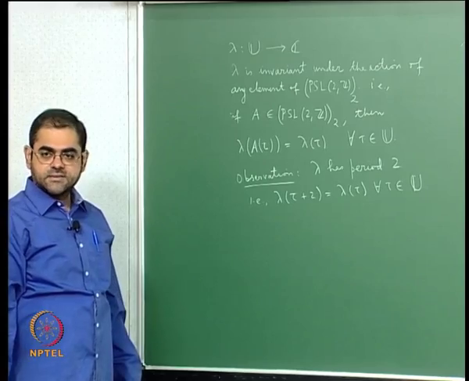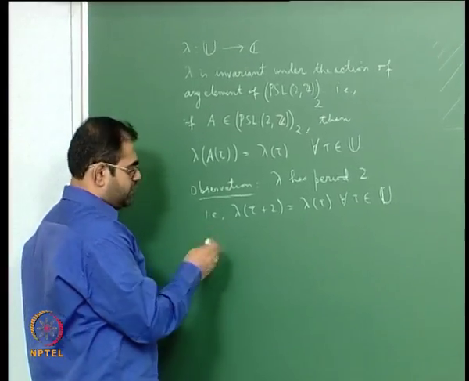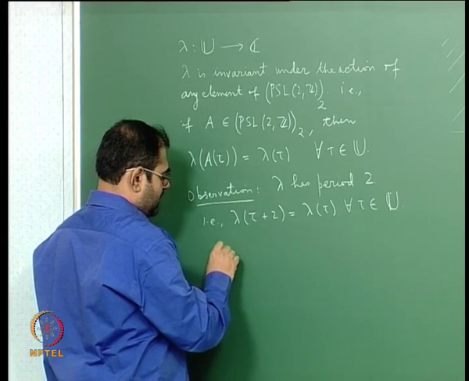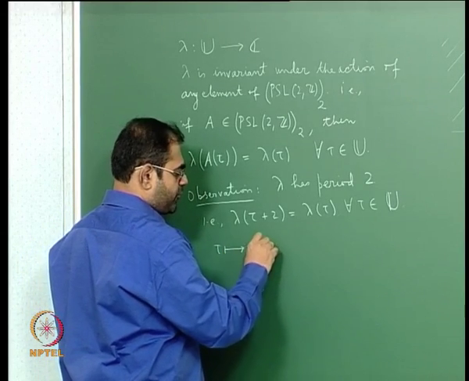Now how does one see this? Well, there are two ways of seeing this. One thing is the transformation tau going to tau plus 2.